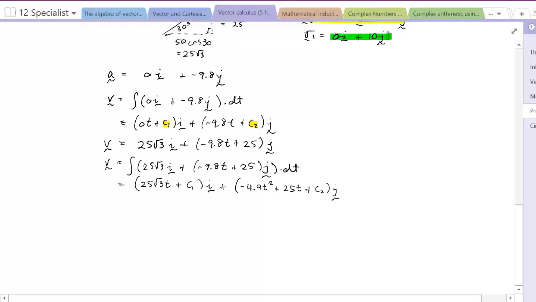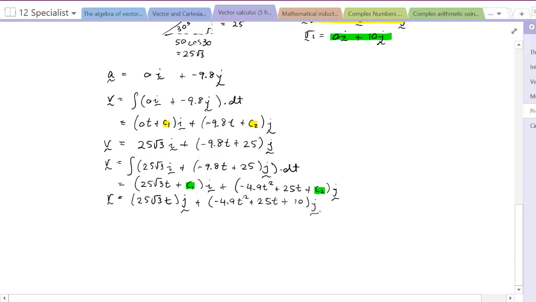We can see that this refers to the c1 and c2 values, and we can say that r is equal to 25 root 3t plus 0, so we can leave that as just i, and negative 4.9t squared plus 25t plus 10 in the j direction.